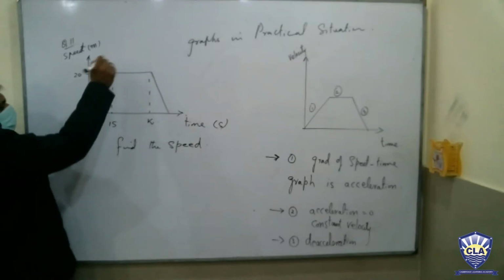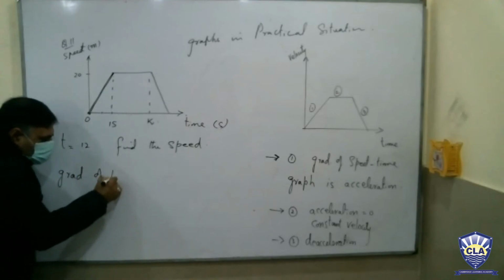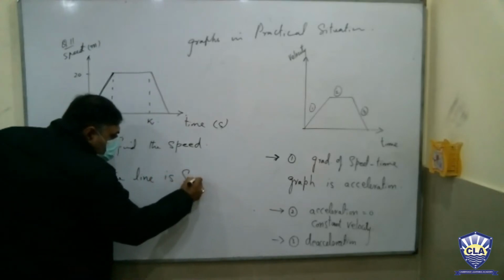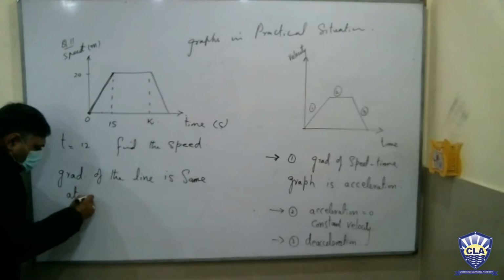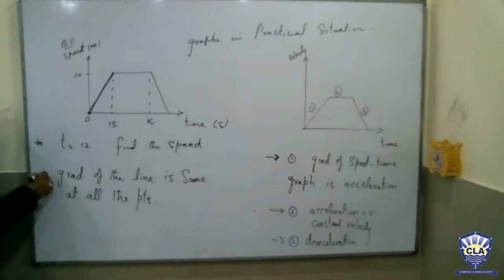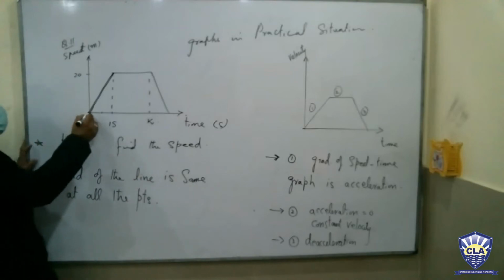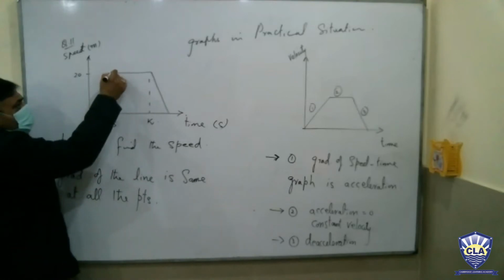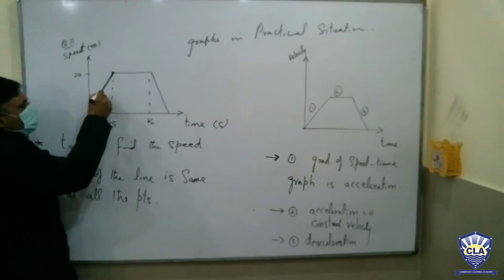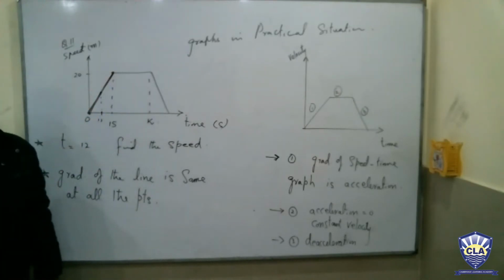The gradient of the line is the same at all the points. So children, when the gradient is the same, from 0 to 15 the gradient is same, and from 0 to 12 again the gradient is same in both the cases.